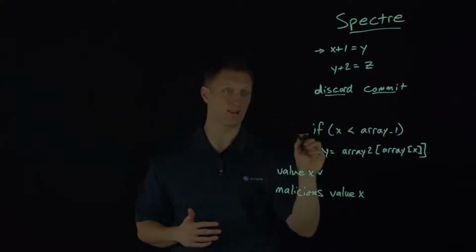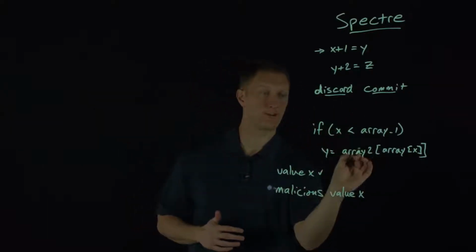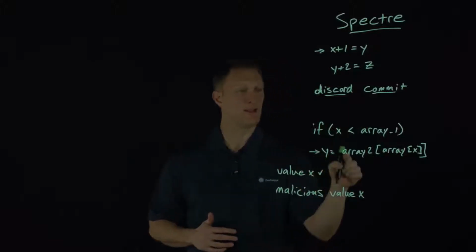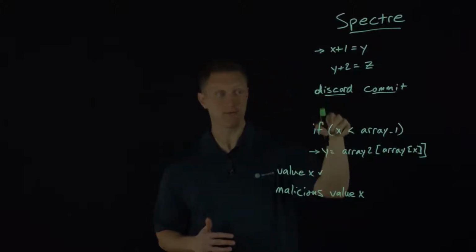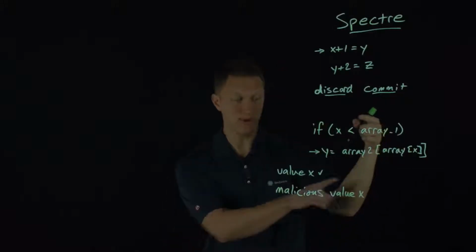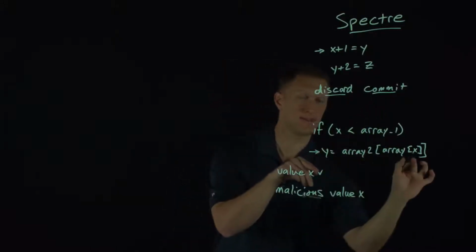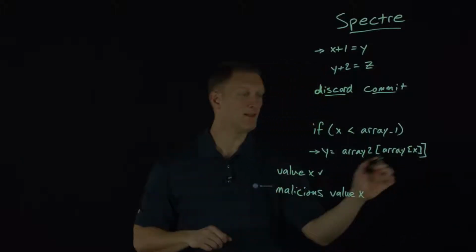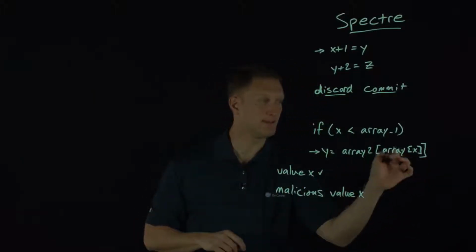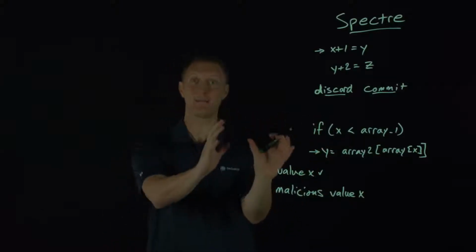Well, what the processor is going to do is speculatively execute this instruction still, but it's going to use the value that it was given for X, and even though this malicious value X is greater than array 1 size, it's still going to kick this instruction off right here, and put that malicious value X into this array, and set that into memory.